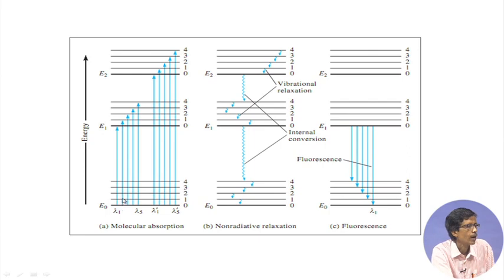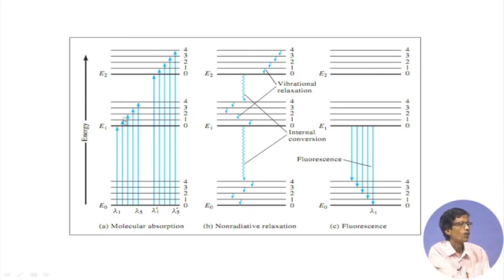So, when it is absorbing, this energy gap is more, that means V0 to V1, V0 to V2, V3, V4, these will be more. So, we can have very closely spaced lines, from lambda 1 to lambda 5, that is why the electronic absorptions were very broad, spanning the range of lambda 1 to lambda 5.